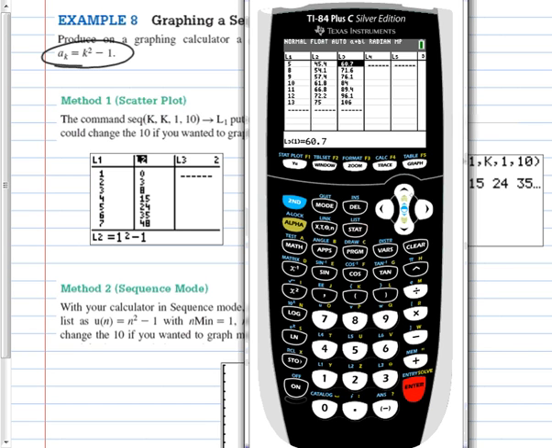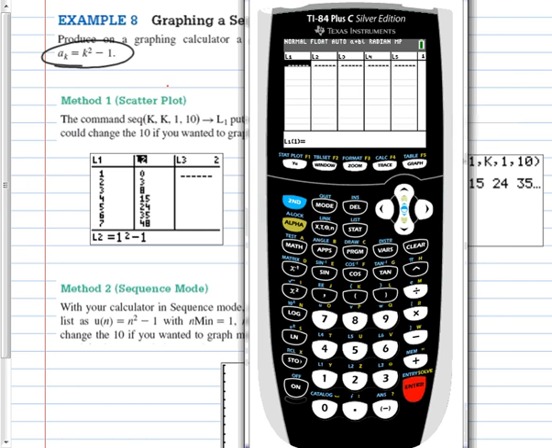And you might need to clear out some lists. There we go. Clear, enter. Clear, enter.